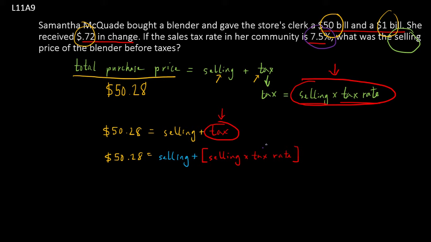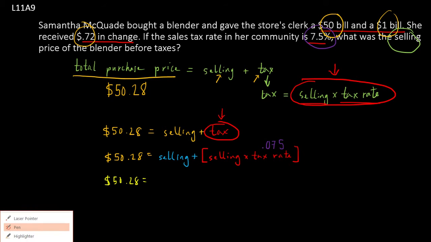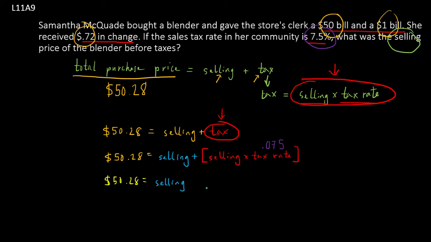So I can write in 0.075 as my tax rate. So let's rewrite what we have so far. So we have that $50.28 is equal to our selling price plus 0.075 times our selling price.